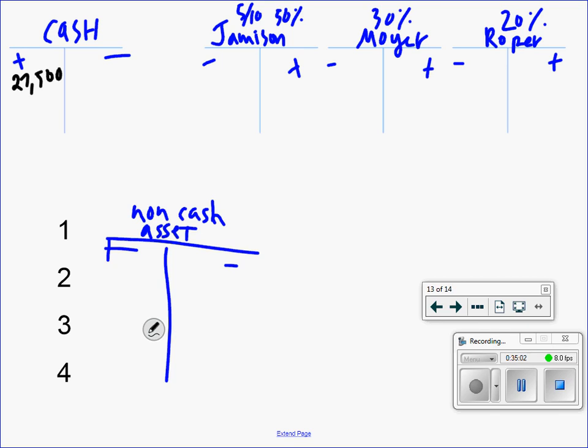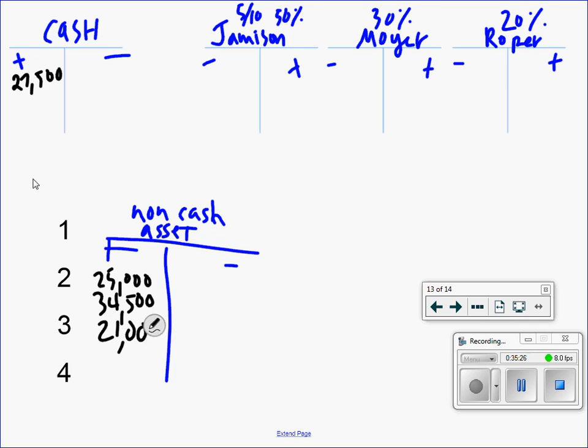We're going to sell our non-cash assets. Let's first look at the value of them. We've got $25,000, I think that was AR if I remember right. Yes. We have $34,500, that was inventory, and we have $21,000 in equipment.